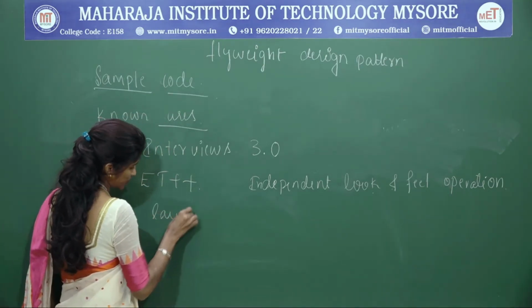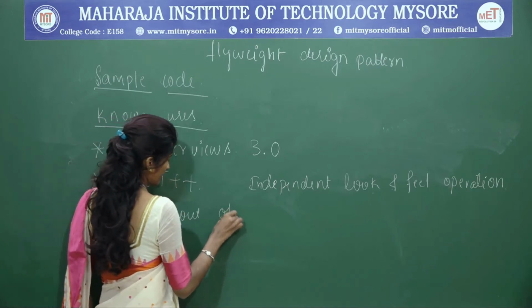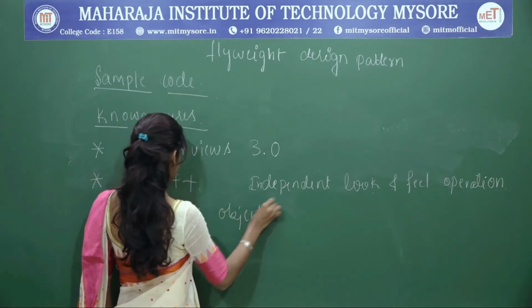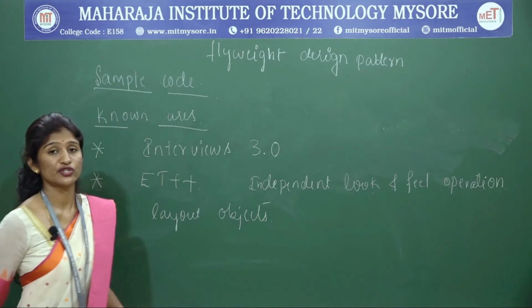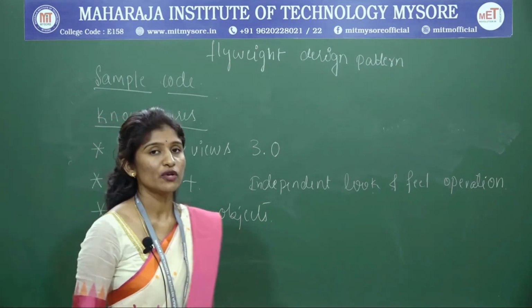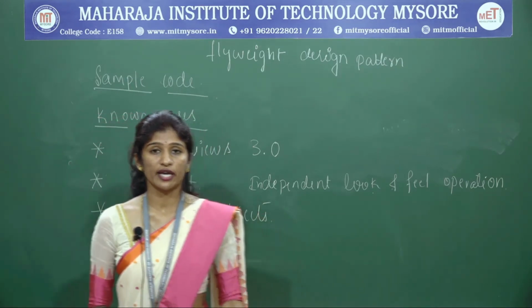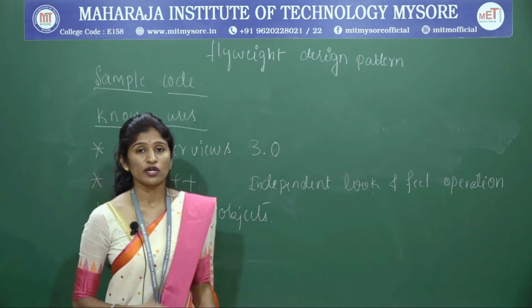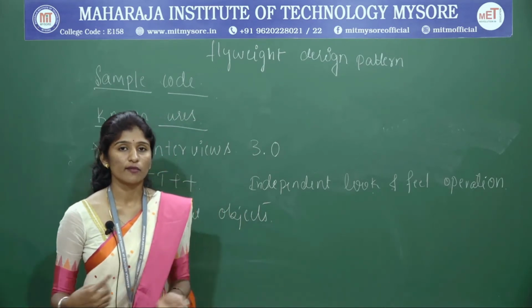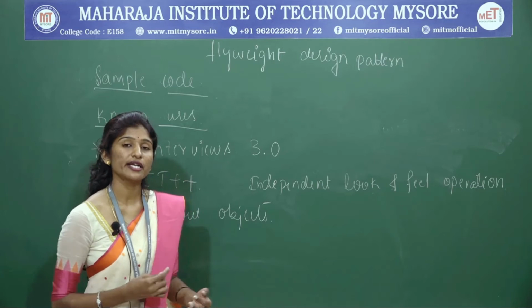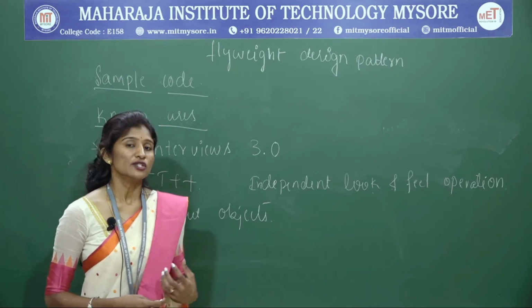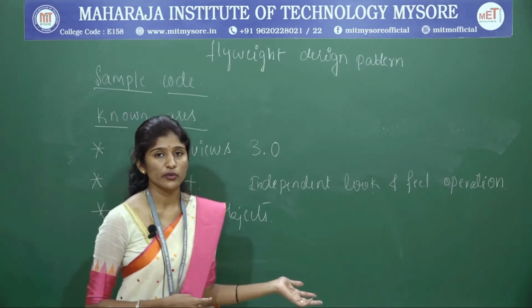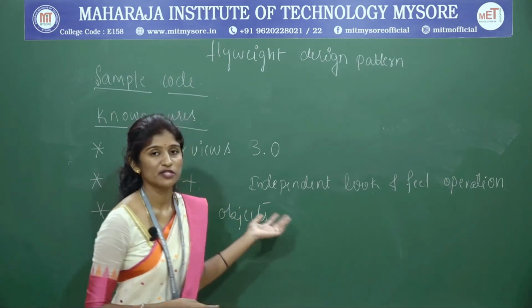Layout objects, in the same ET++ as a continuation. Even there it is used in the layout objects, which can be designed based on row-wise and column-wise object creation to maintain it efficiently. So that is in the ET++ framework only.